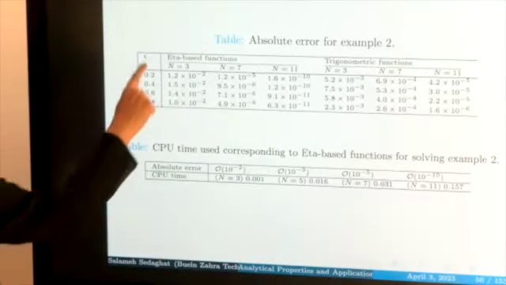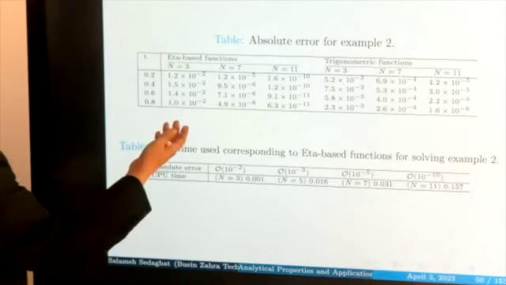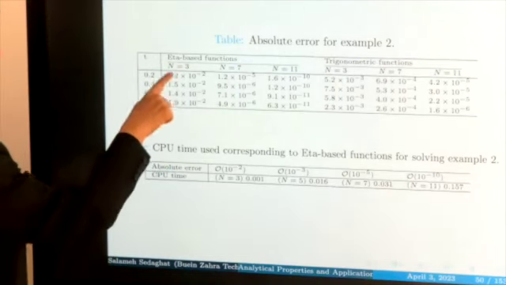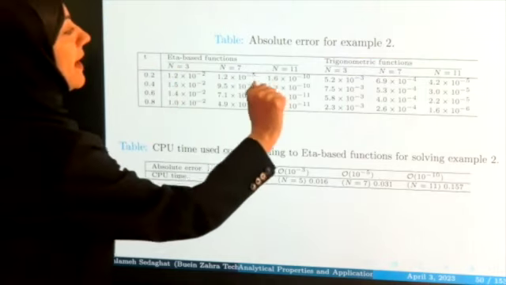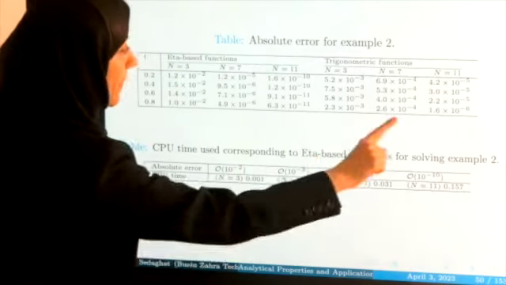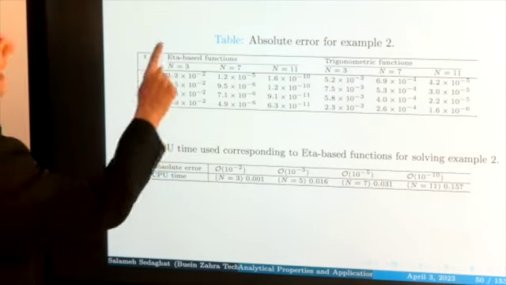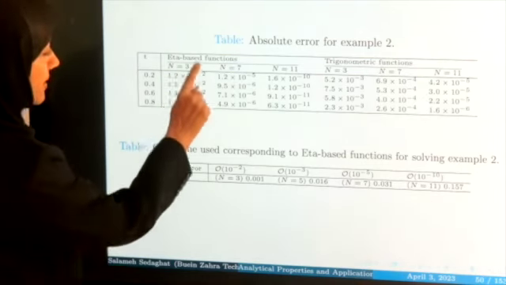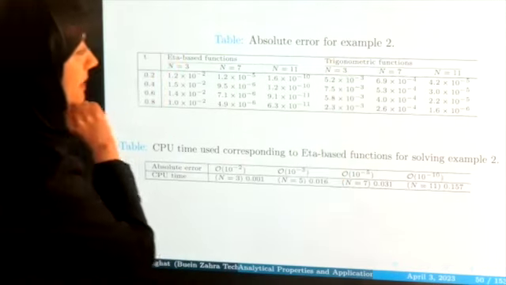The absolute error for this function, for eta-based function and trigonometric function, is in this table. For different cases of n, n equals 3, 7, and 11, we can compare these results. For n equals 3, we have the absolute error about 10 to the minus 2, and here we have 10 to the minus 3.